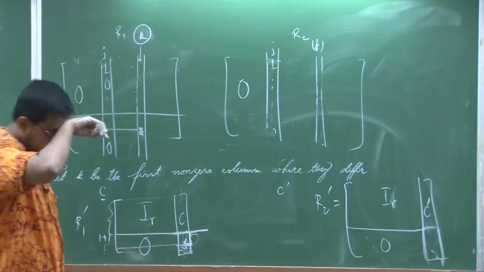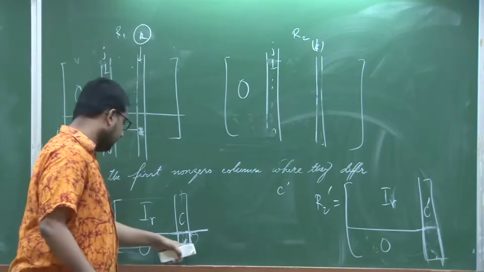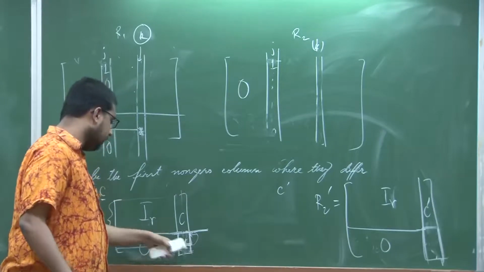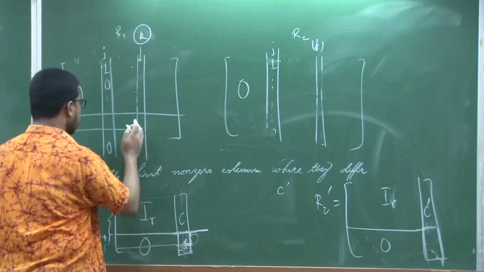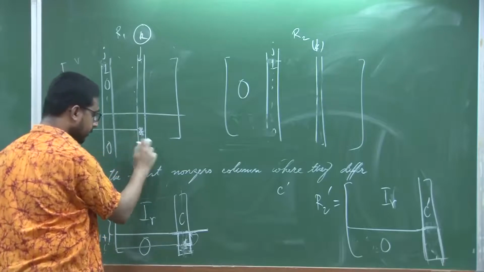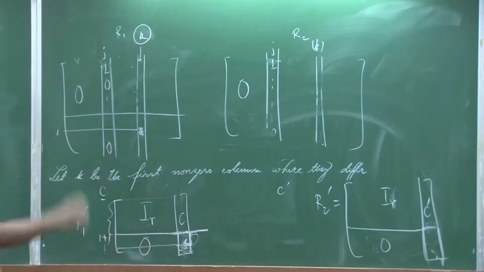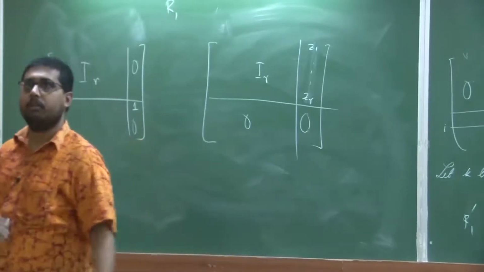Okay. Since I have considered all of them, this has to be the pivot of the r plus 1th row, that gives me this, otherwise the below block will be entirely 0.